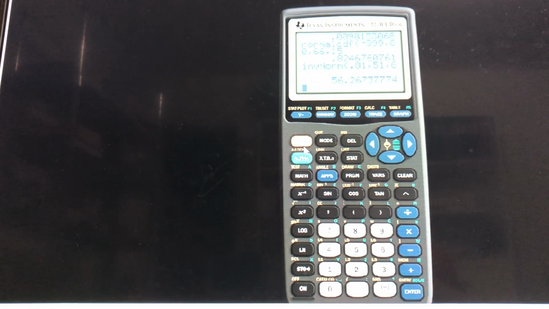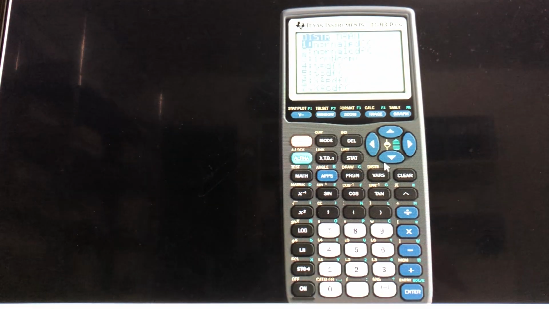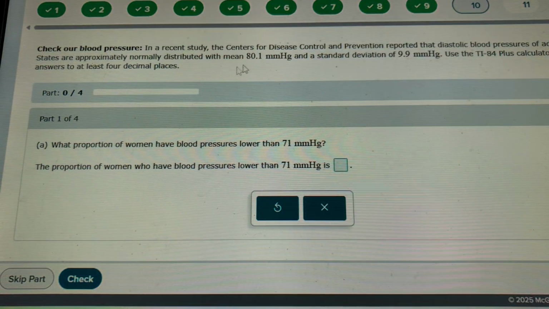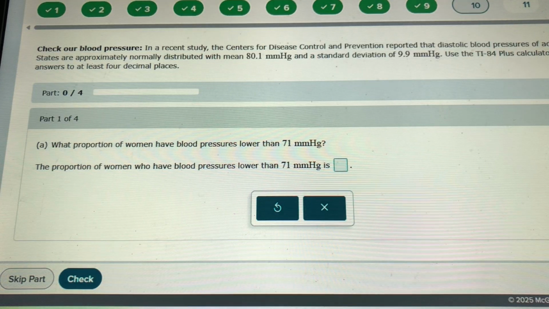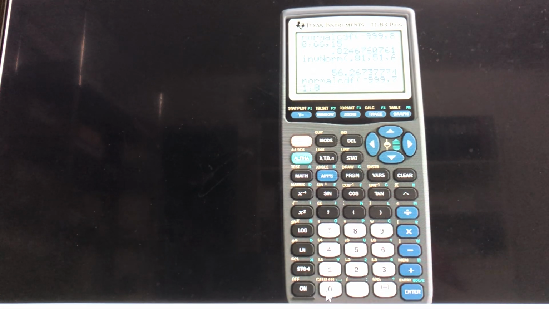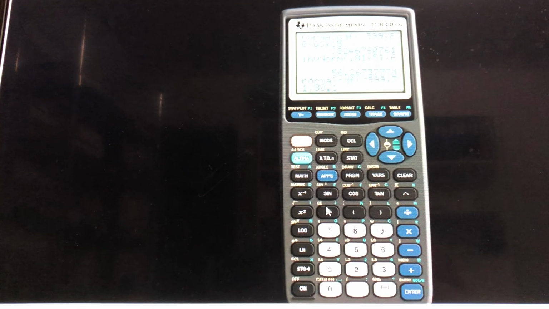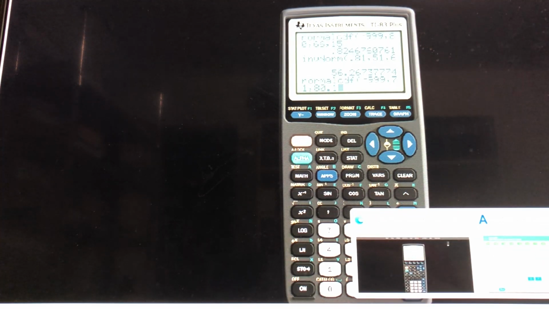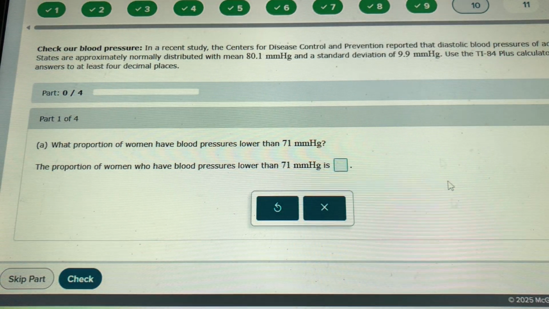Lower than 71. So inverse norm, I'm sorry, I said it wrong, normal CDF, negative 999 to 71. And then the mean is 80.1. And the standard deviation is 9.9.